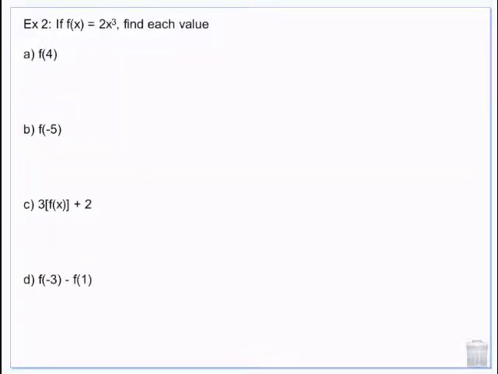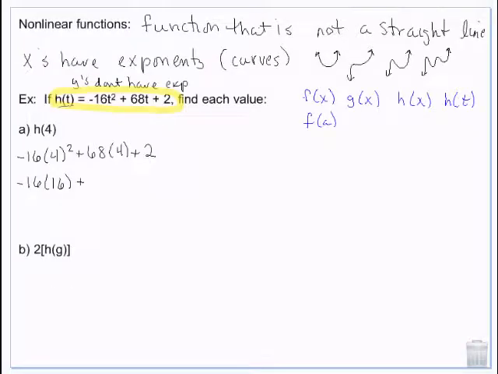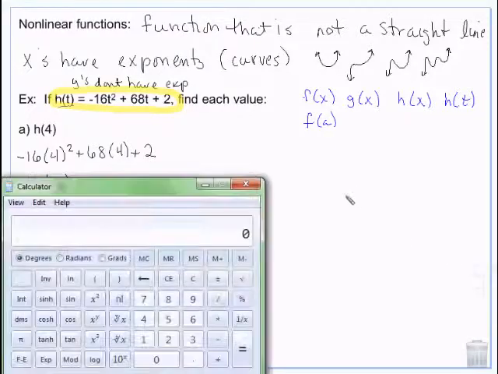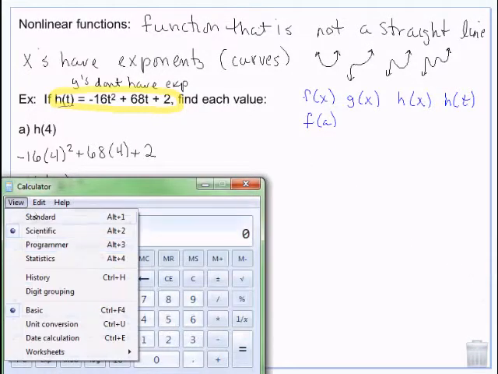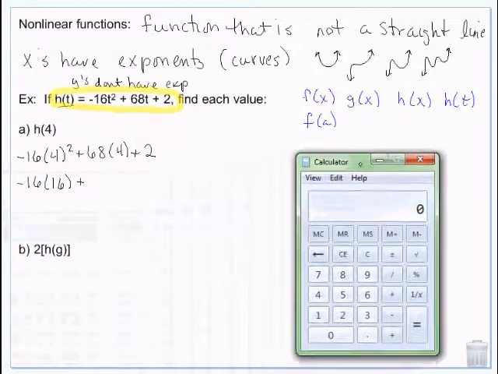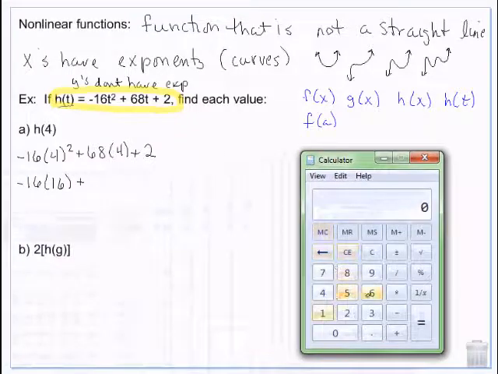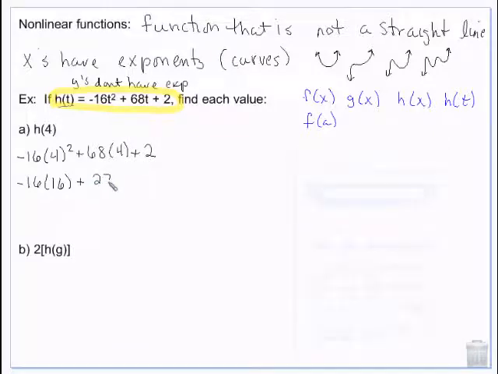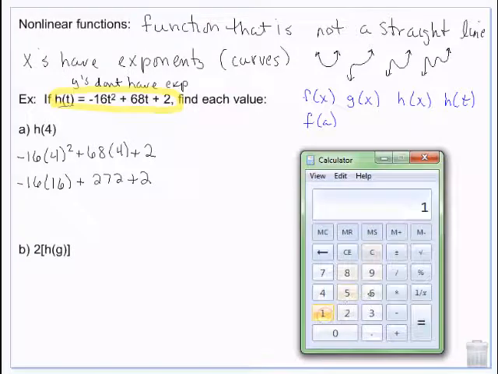Oh, shoot, what do you do? I'm going to pull out the calculator. Okay, so I've got 68 times 4 is 272. And then 16 times 16, I believe, is 256, but let me just double check.